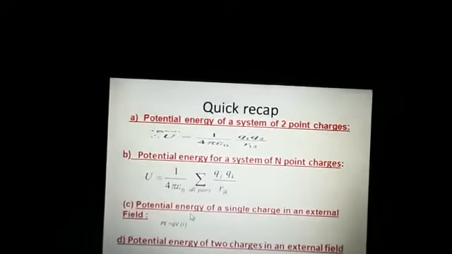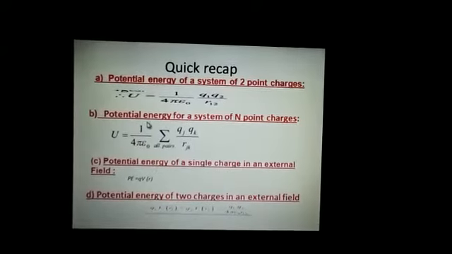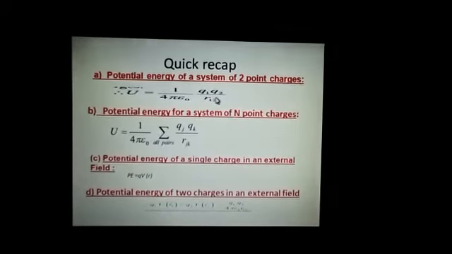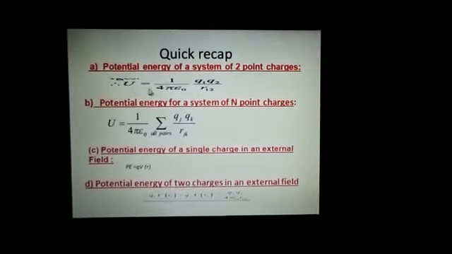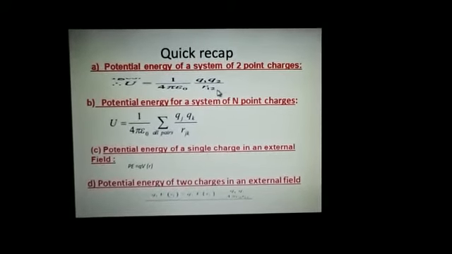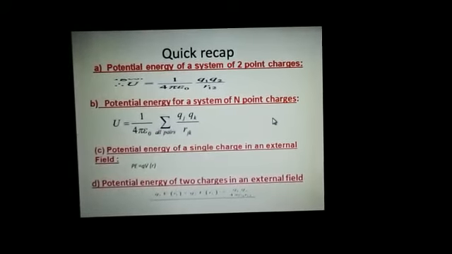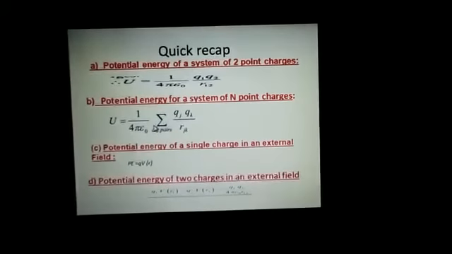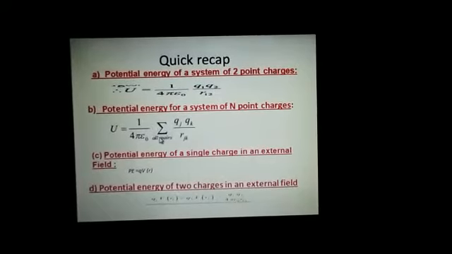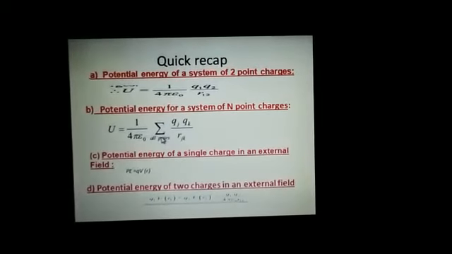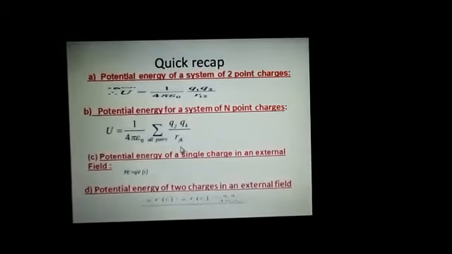Today we just take a quick recap about these points. The potential energy of a system of two charges will be equal to 1 upon 4 pi epsilon naught q1 q2 upon r12. The potential energy of a system of n point charges will be U equal to 1 upon 4 pi epsilon naught times the sum over all the pairs of qj qk upon rjk.